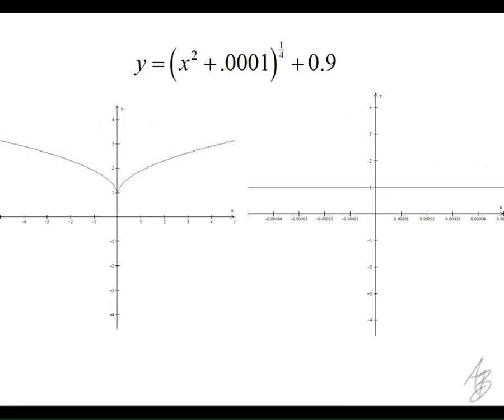So what's happening here, and we can't see it in this viewing window, but this function actually looks more like this at that point. So it looks like a cusp, but if you zoom in enough, and you have to zoom in a lot, but if you zoom in enough, it actually does turn into a line rather than a cusp.